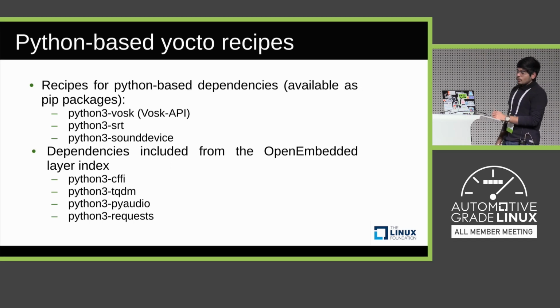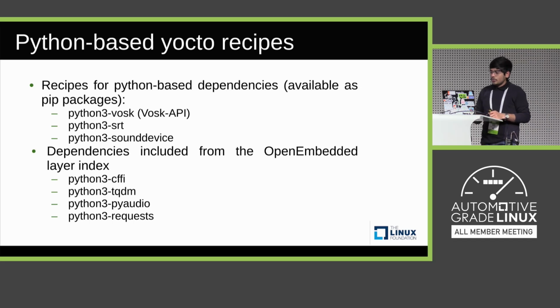It uses PyAudio for all the audio requirements. And the dependencies below were found from the OpenEmbedded Layer Index and were used in the recipe. So we can see that Yocto is quite flexible, quite easy to use once you know how to use it.